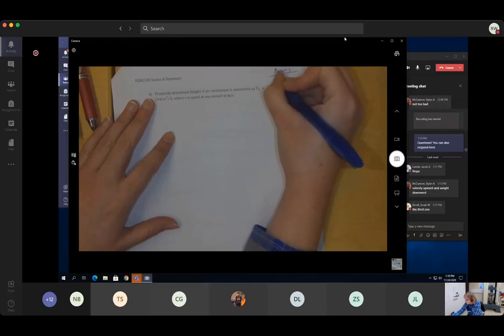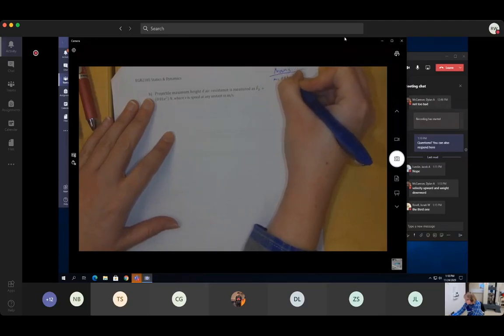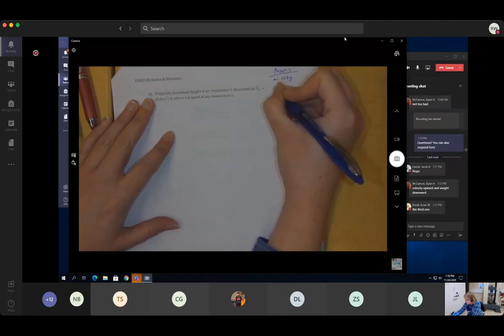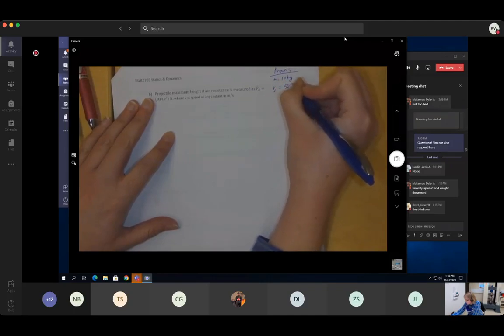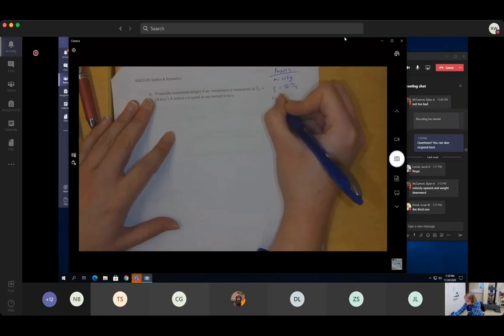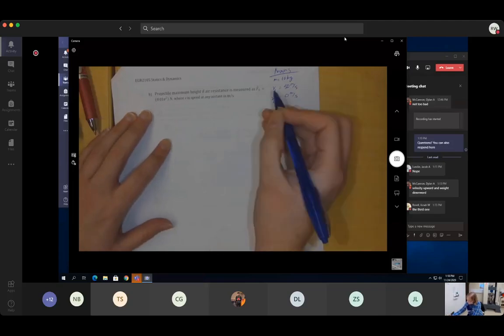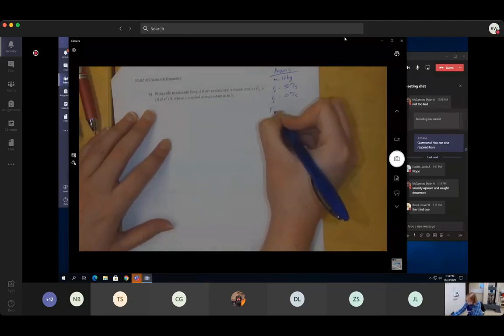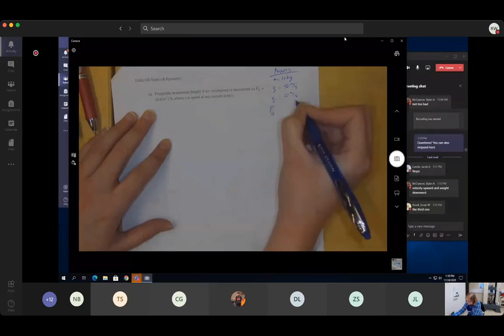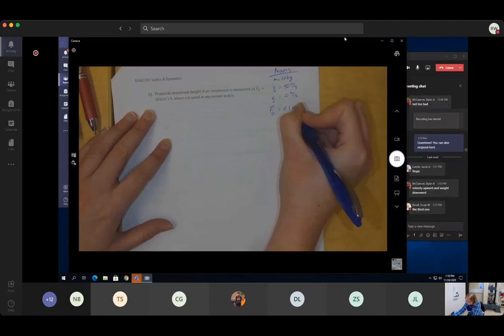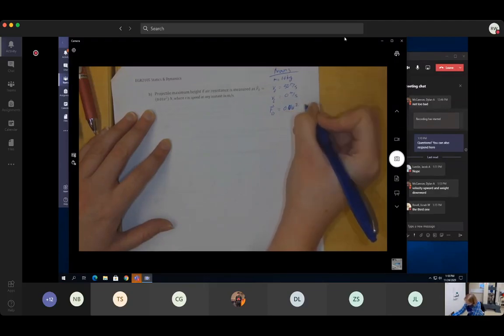So we know we've got a mass of 10 kilograms. We've got v naught equal to 50 meters per second. We've got a final velocity of 0. But now we've also got a force, or a drag force, that's equal to 0.01 times our velocity squared.